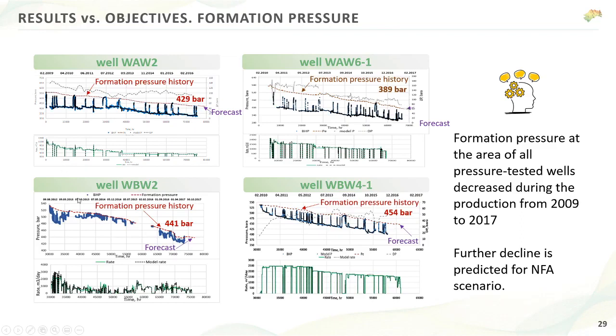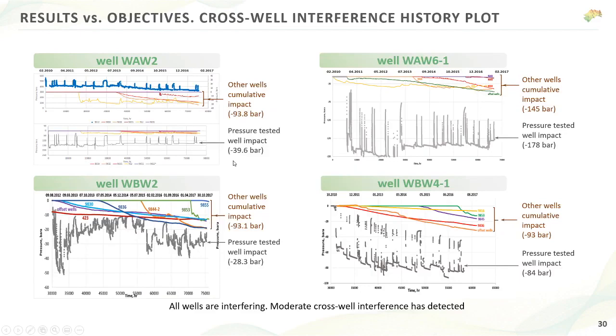But again, it seems like all these wells are connected, and they are connected to the offset wells, and we see some pressure interference. But for now, as we don't have any water flood, any water injection yet, our prediction of formation pressure is a further decline, of course, right?